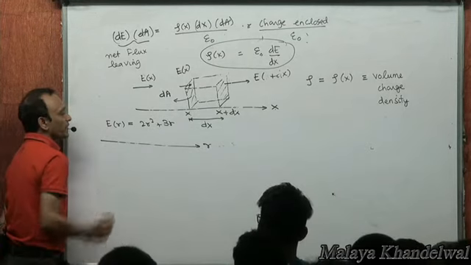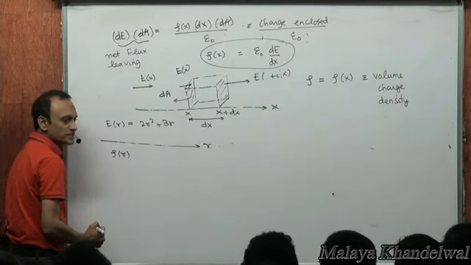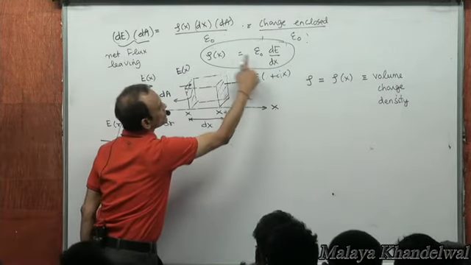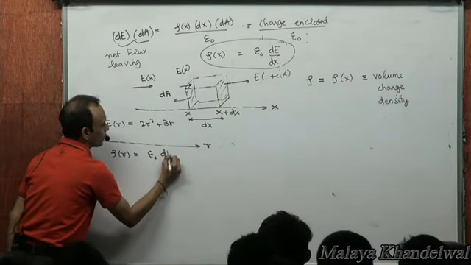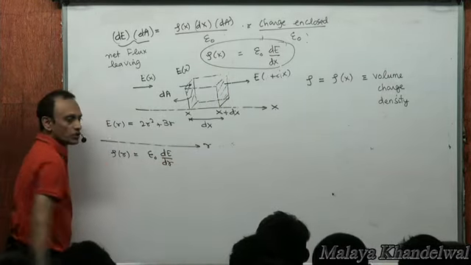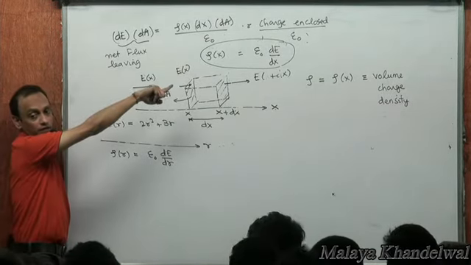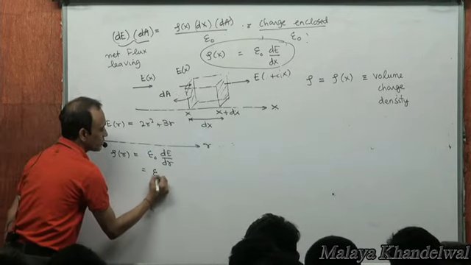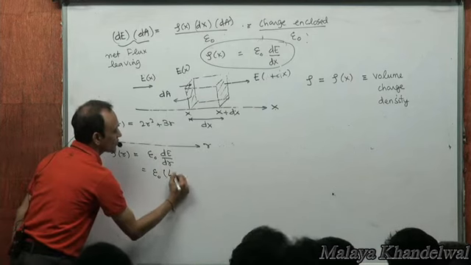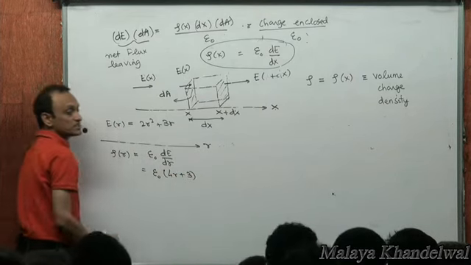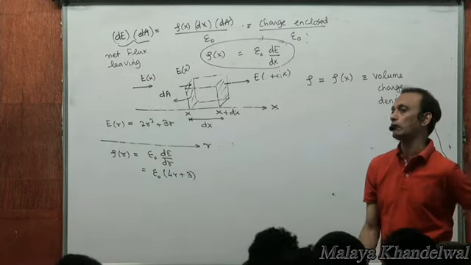I want to find the volume charge density as a function of r. That's going to be epsilon naught dE by dr. What is dE by dr? 4r plus 3. That will give me the volume charge density as a function of r.